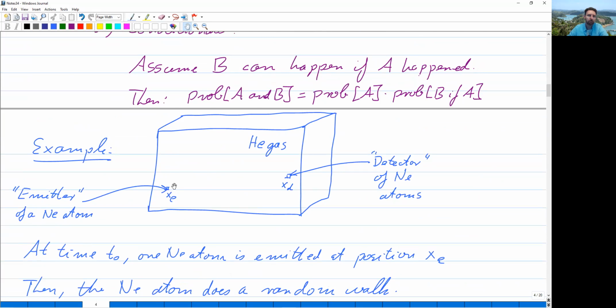And so the wave function of the neon atom will just spread in the box. And then if at a later time we perform a measurement and look for the neon atom, there's a finite probability we might find it. Now, it's not because it has been kicked around by helium atoms until it happens to arrive there. No, now it would be there because the wave function has spread. And that means that there is a finite probability for finding the neon atom over there.